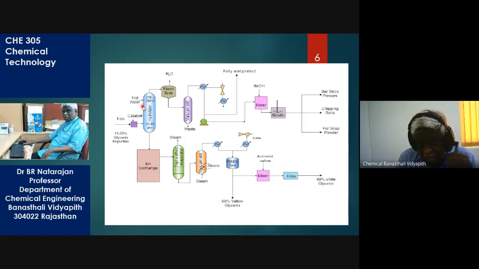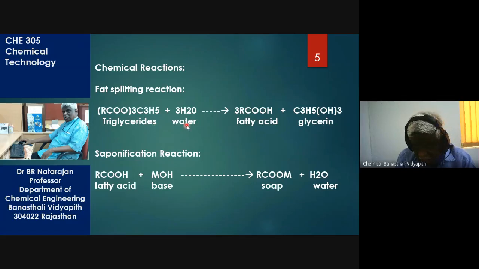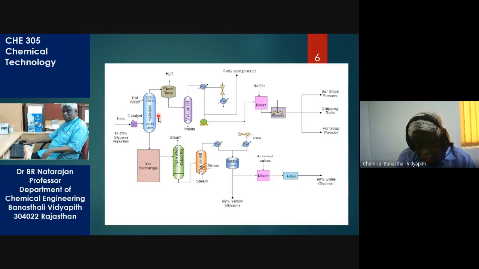So, fats mixed with the catalyst enter the first equipment. Let's call it a hydrolyzer. Why are we calling it a hydrolyzer? Because water is being added and the reaction is taking place. So this equipment is known as a hydrolyzer.